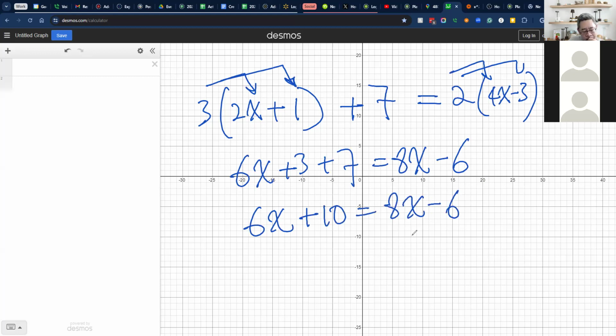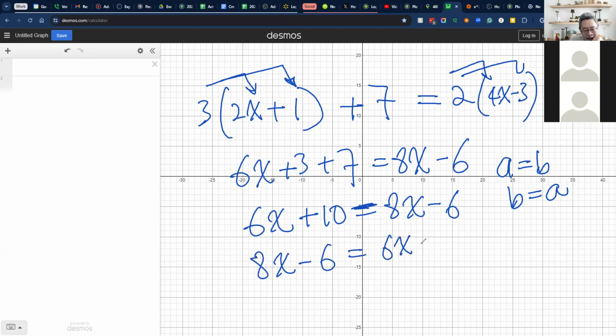And then I don't like dealing with negative numbers, so I'm going to flip this, because if A equals B, that means B equals A. This is called the symmetric property. So we got 8x minus 6 equal to 6x plus 10, then minus 6x on both sides.